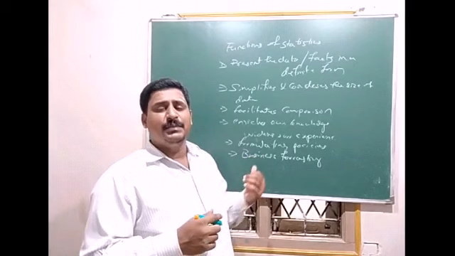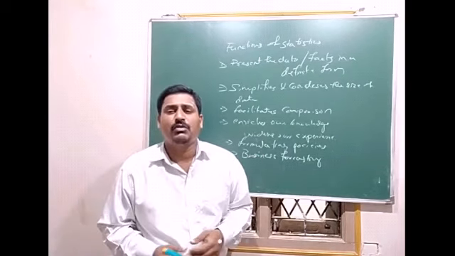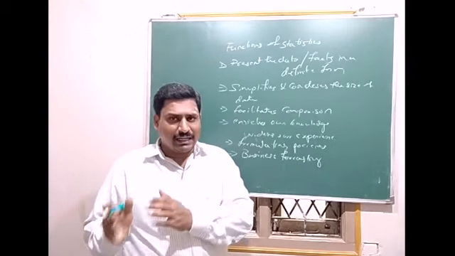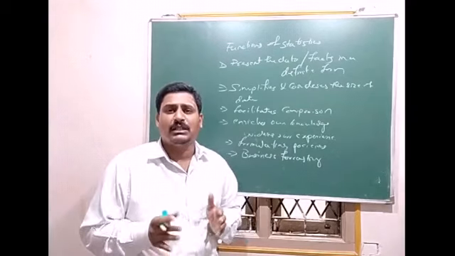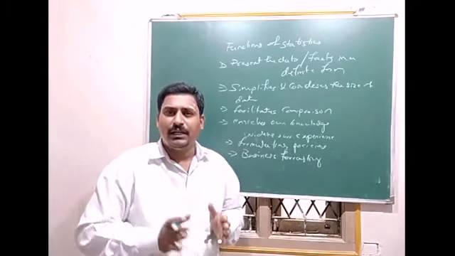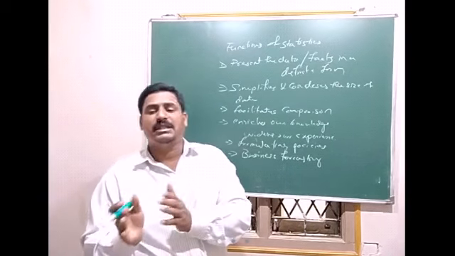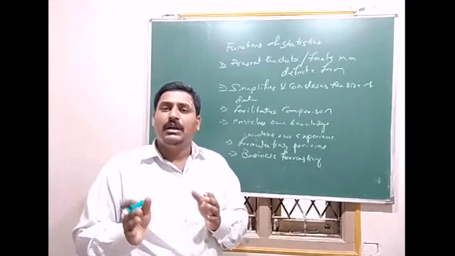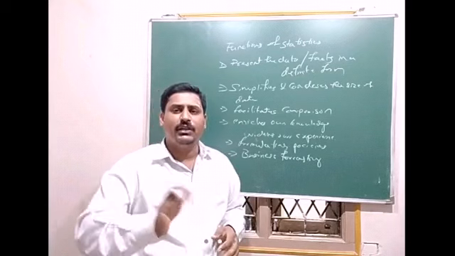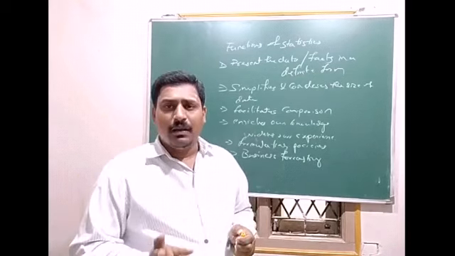Merely knowing last year's figures, we cannot tell that next year this will be the demand and we have to increase production. Statistics, with the help of formulas, gives a definite form: next year this will be the demand, so you require this many employees, this much capital, or this many new machines or raw materials. It estimates and gives accurate figures, so one can take better decisions in business.